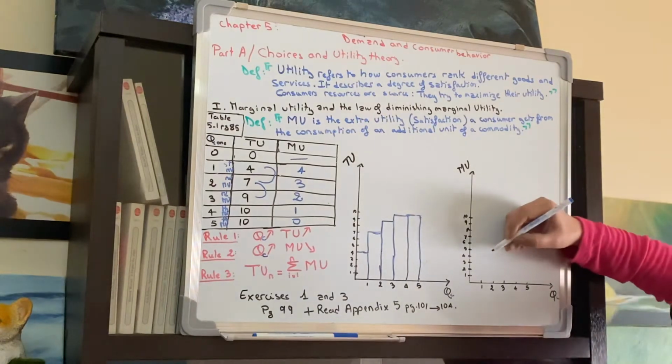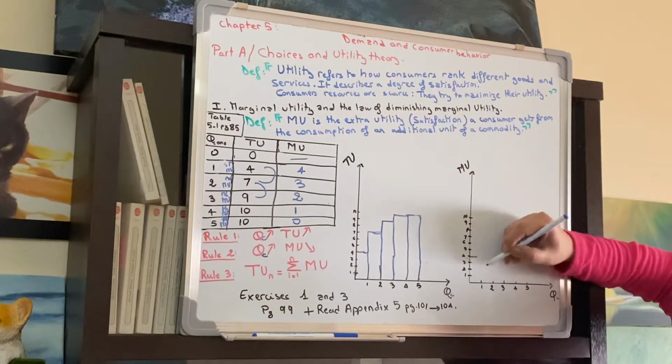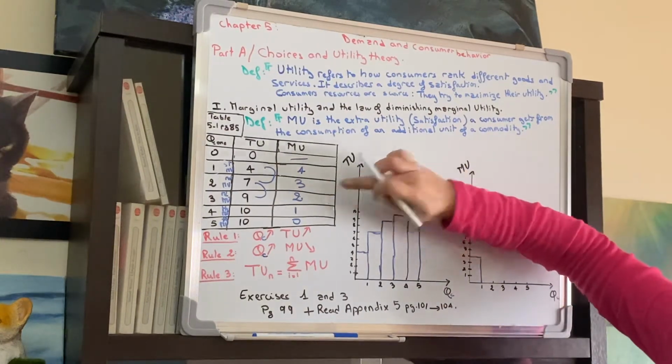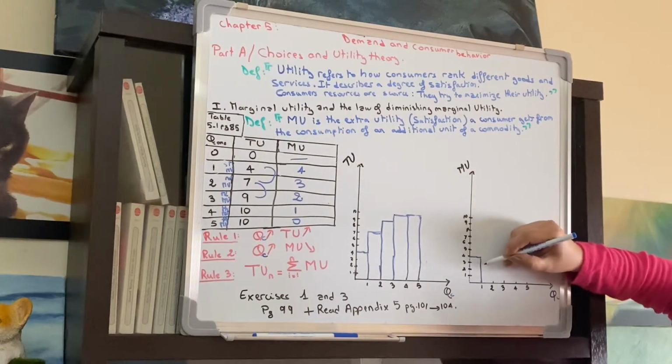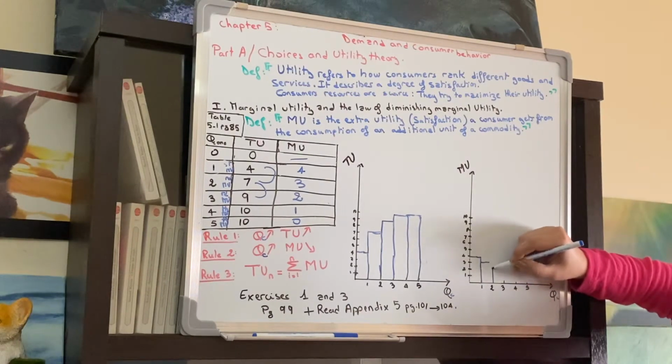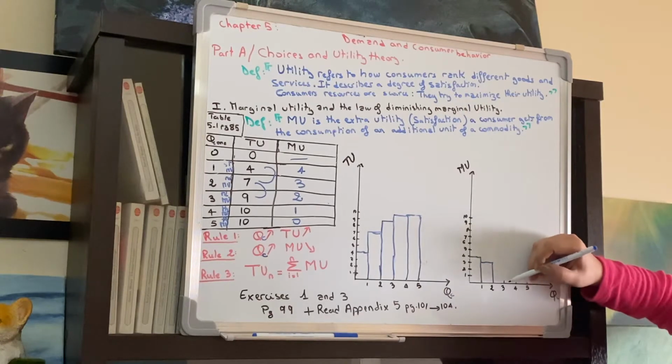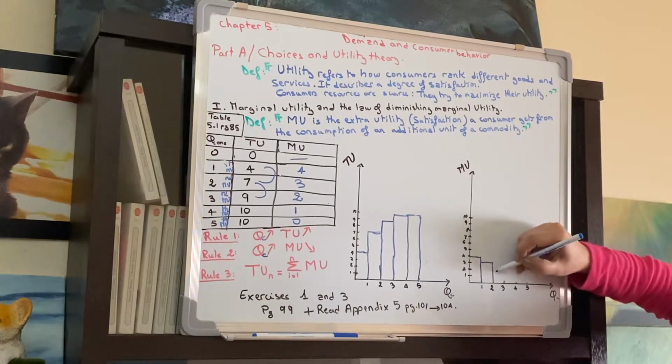So for the first one, it's going to be 4 utils for the first unit. For the second unit, it's going to be 3. Okay? For the third unit, it's going to be 2.